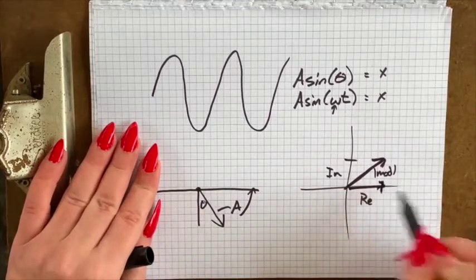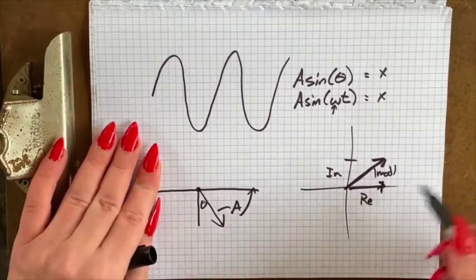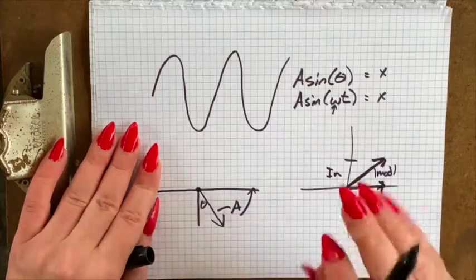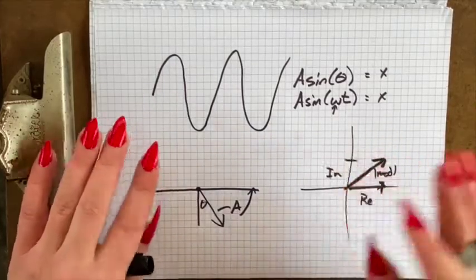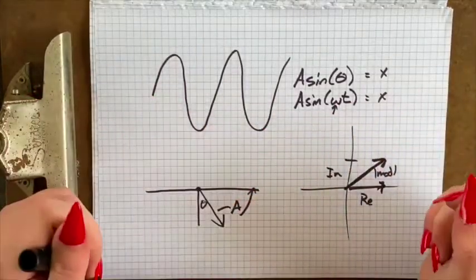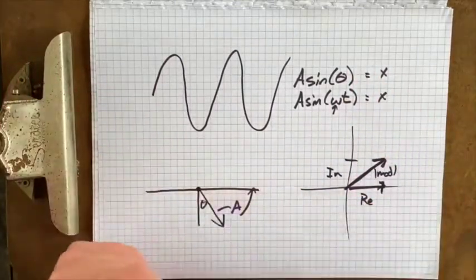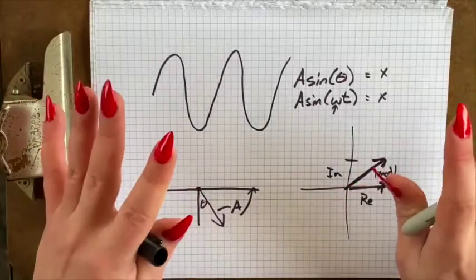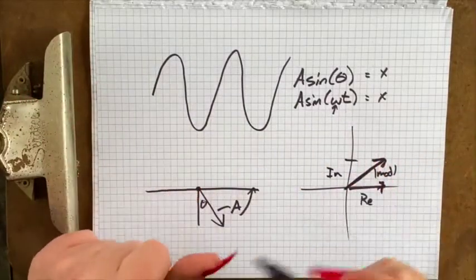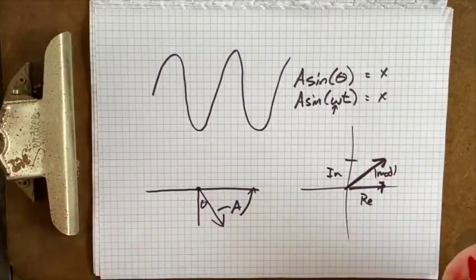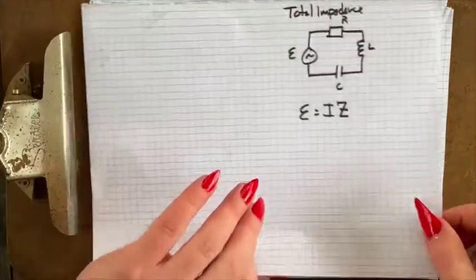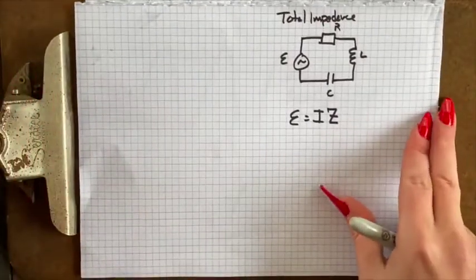So the key for us to understand, how are we going to deal with this impedance where things are 90 degrees out of phase with each other, whether it's L, C, or maybe R, is we need to represent these geometrically, not algebraically. So it's not going to be as simple as just doing number math. We're going to have to do some kind of geometry.